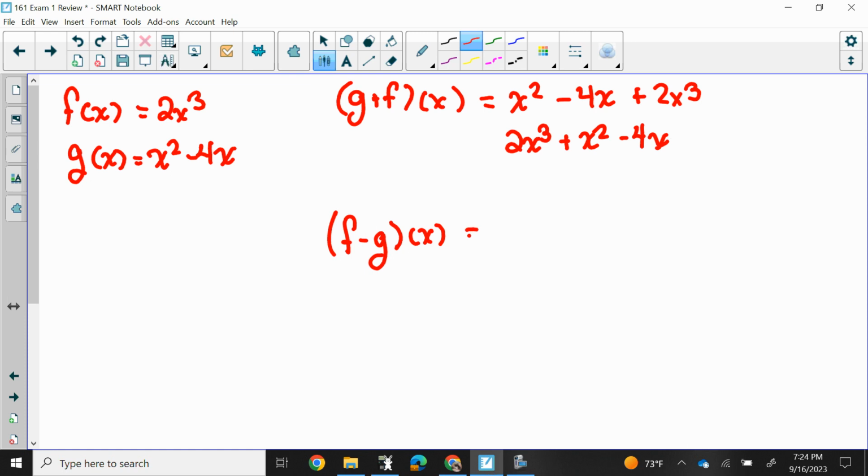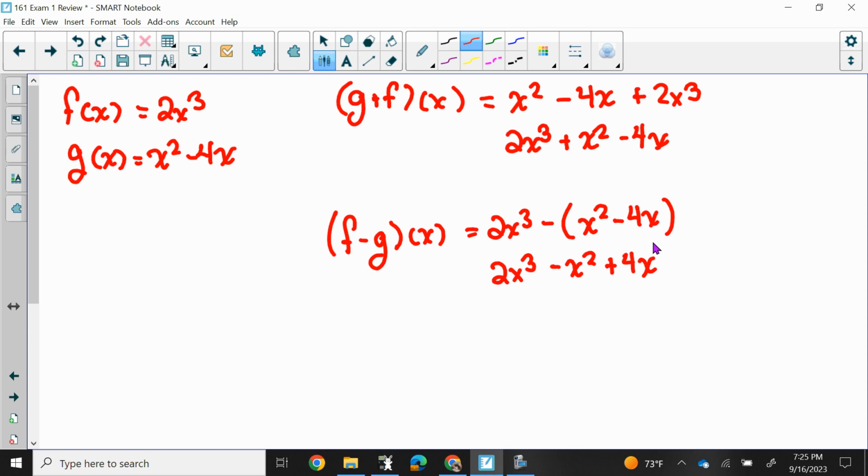Okay, so here I have 2x cubed, and I'm subtracting x squared minus 4x, which just means that I am changing the sign of everything that's in here. So I have 2x cubed minus x squared plus 4x. Okay? And that's the combination.